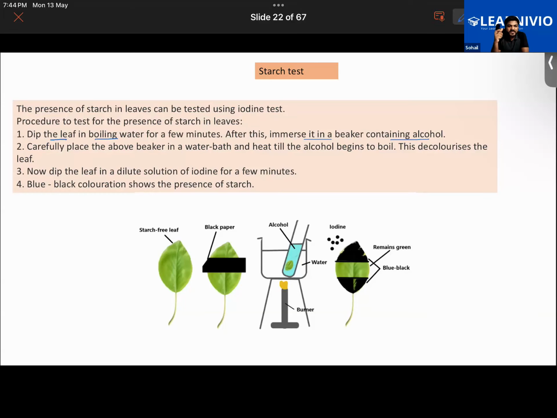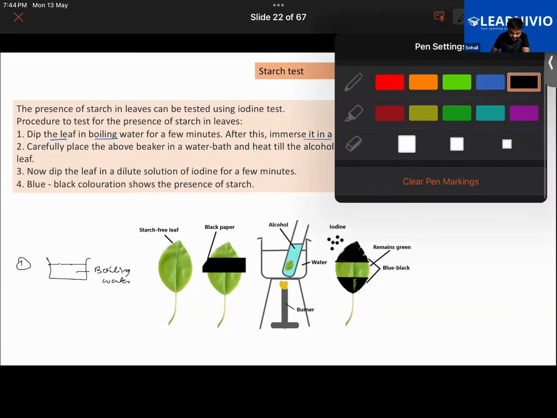Now carefully place the beaker in a water bath. See what you have done here. First, you have taken a beaker like this, and in this beaker you have taken boiling water, and in this you have dipped a leaf.